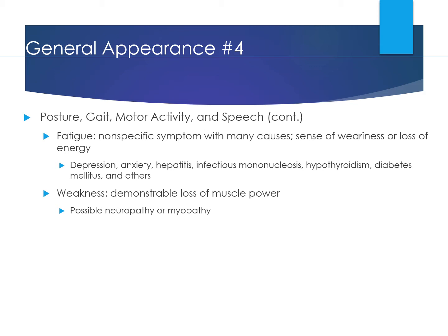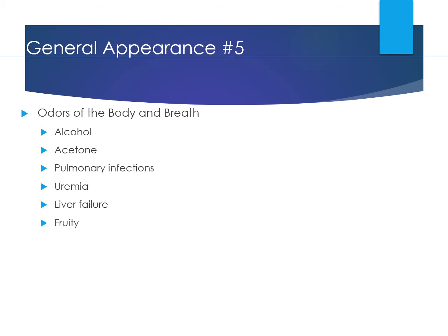Also, you need to monitor if the patient is weak, which gives you a hint that there is loss of muscle power. There is also a possible neuropathy or myopathy. Odors of the body and breath: you can identify if the patient is alcoholic, if he is taking acetone, for example, for suicide, if there is any pulmonary infection, uremia, liver failure, or fruity smells that may indicate certain diseases.